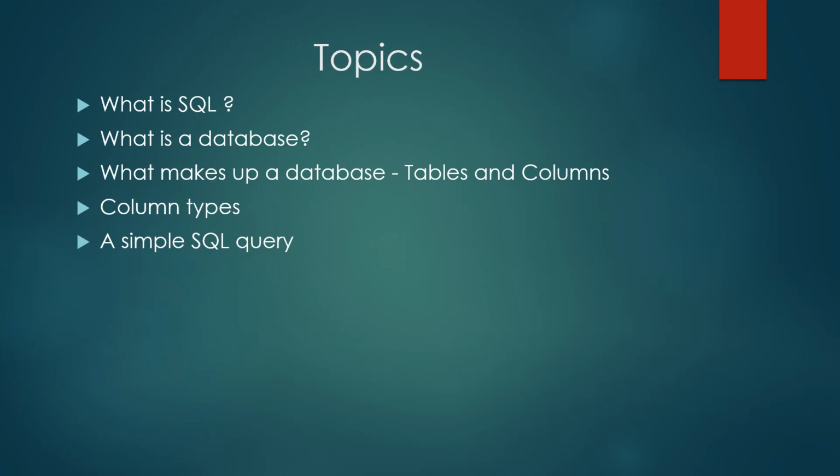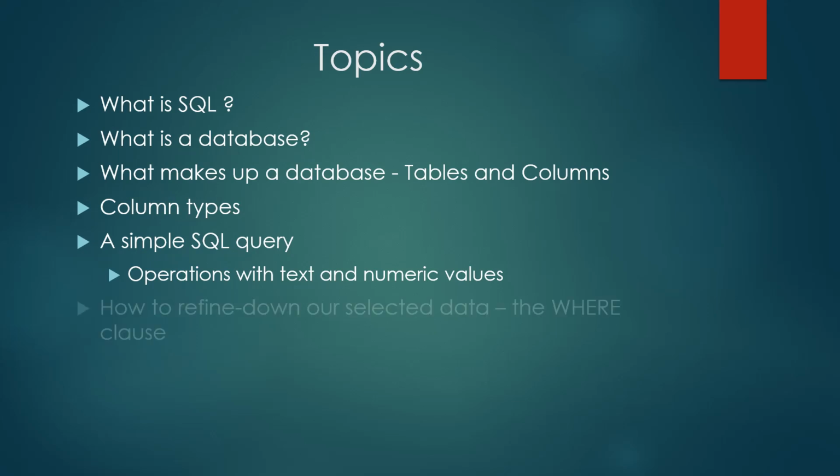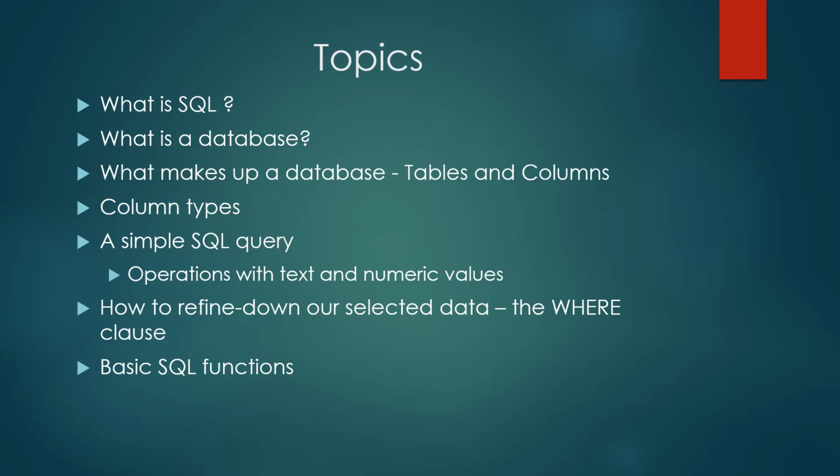We'll start off with a couple of simple SQL queries, and we're going to do operations involving text and numeric values, manipulating the text, manipulating some numeric values, some calculations. How to refine down our selected data with the where clause, an important part of SQL. Some basic SQL functions, and the basics of how to select from multiple tables using joins.